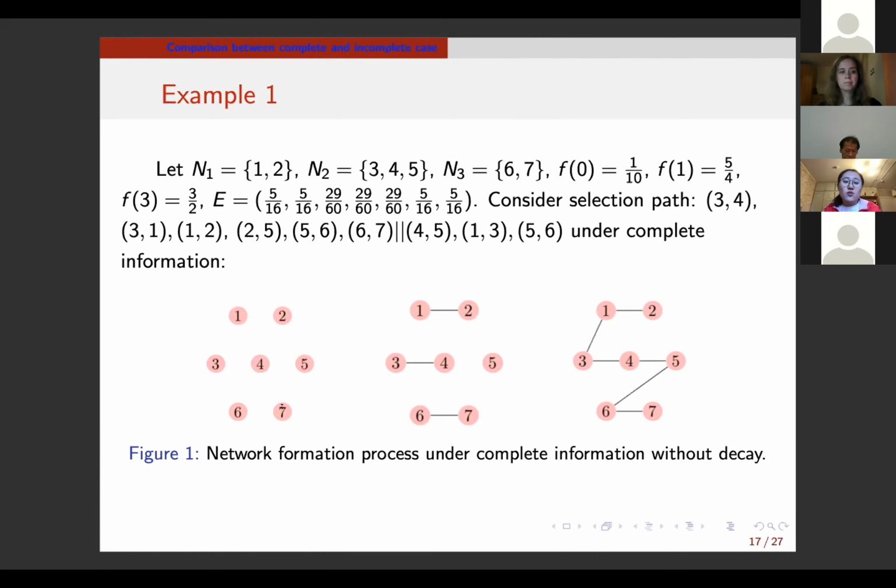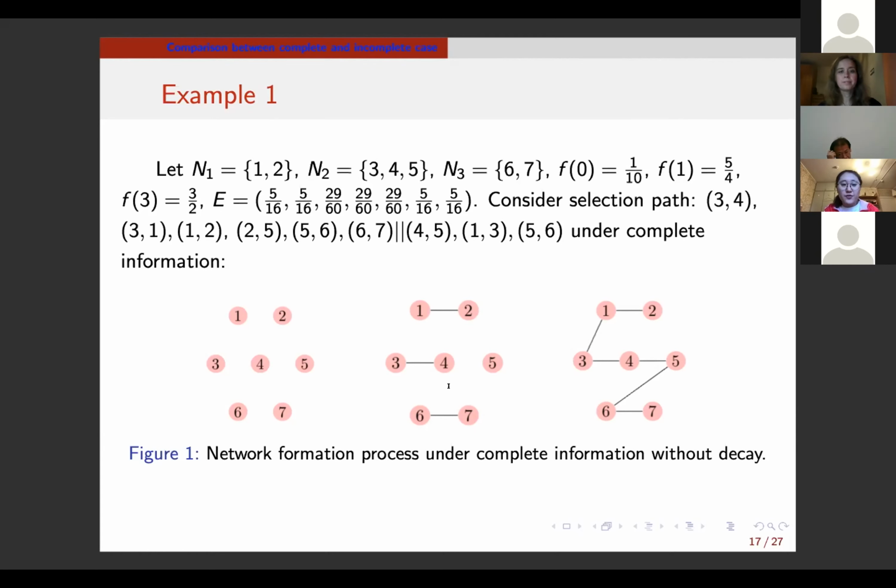Players start with an empty network, and we consider this path. 3-4 is selected. They will form a link because the cost is very low. 3-1, they will not form the link because the cost is bigger than 1. And 1-2 will form the link.